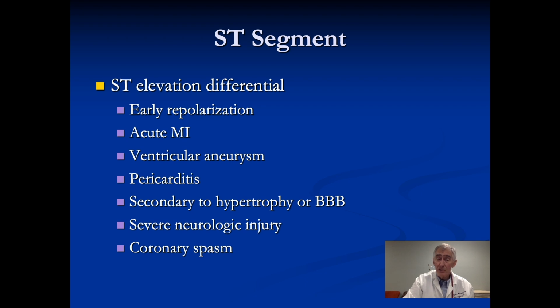And sometimes these will be associated with QT prolongation as well as deep, broad T waves. Coronary spasm or stress cardiomyopathy can also have ST elevation mimicking a myocardial infarction or transmural ischemia.